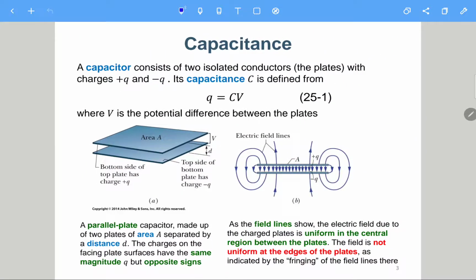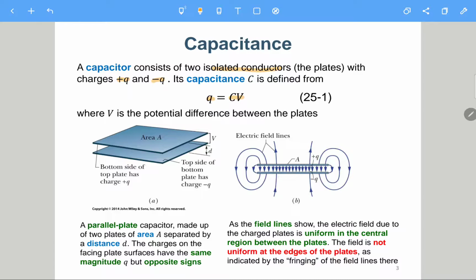So this is a capacitance. The definition is it consists of two isolated conductors or plates, usually plates, with charge plus Q and negative Q on each side. So its capacitance C will be defined as Q equals CV, which means that for a given structure, the capacitance should be a constant.